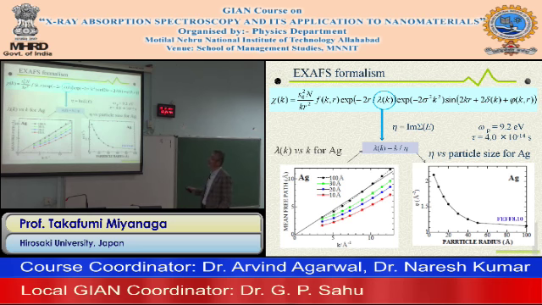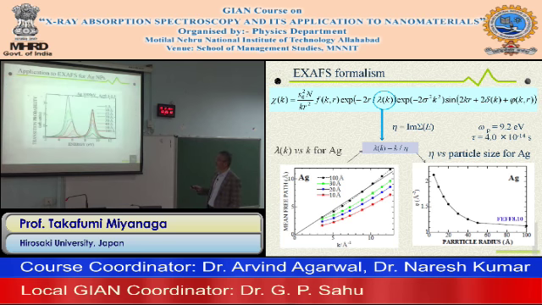This simple relation is taken into account by Taylor and Rehr. The eta is expressed as the imaginary part of the self-energy of electrons. This energy is expressed as the extrinsic loss.